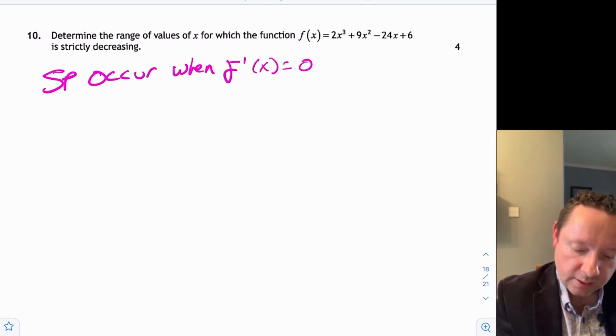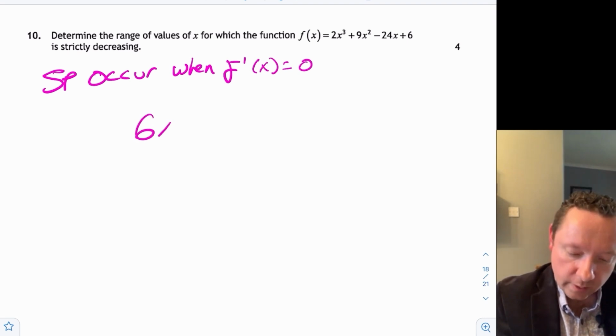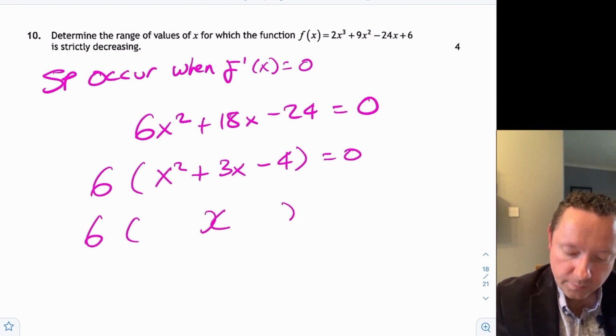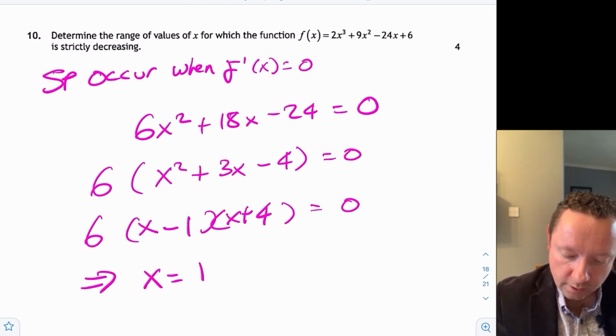So f dash x, 3 2's is 6, 6x squared, 2 9's is 18, plus 18x, and minus 24. I'm going to look at that equal to 0 for our stationary points. 6 is a common factor, so I get x squared plus 3x minus 4 equals 0. So double bracket that up. X and x. 4 and 1 make 3, plus 4 minus 1 makes 3. So our stationary points occur when x equals 1 or x equals minus 4.